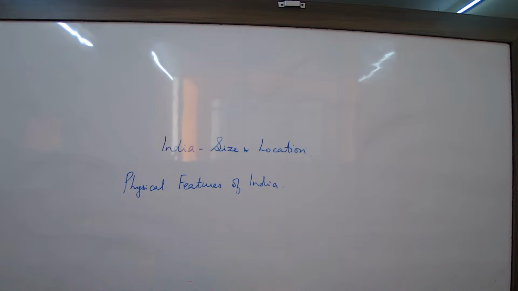Then this is actually the main part of the chapter. Initially here they are talking about Gondwana land and how it separated. Then about the lithospheric plates.